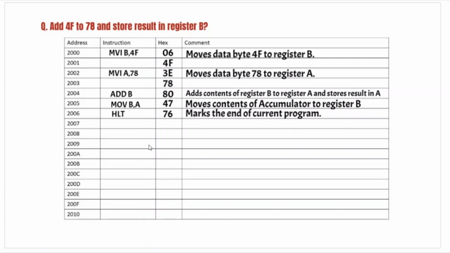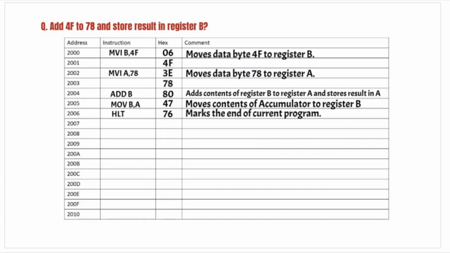So this is the first program that we have done, and I'll be simulating this program. Instead of adding 4F to 78, I will be adding 01 to 02, so that we know the answer is 03, right?